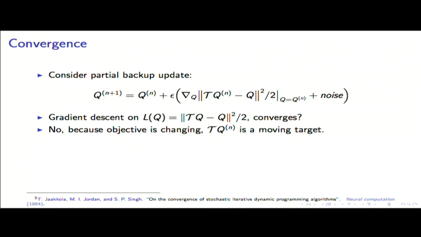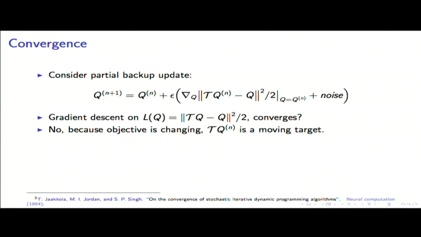Our new Q value equals the old Q value plus epsilon times the gradient of the Bellman error with respect to Q, or the gradient of the backed up Q value minus the current Q value. And there's noise because we're not actually using the backed up Q value exactly. We're using an unbiased estimator of it. So this is the update we're doing each step.